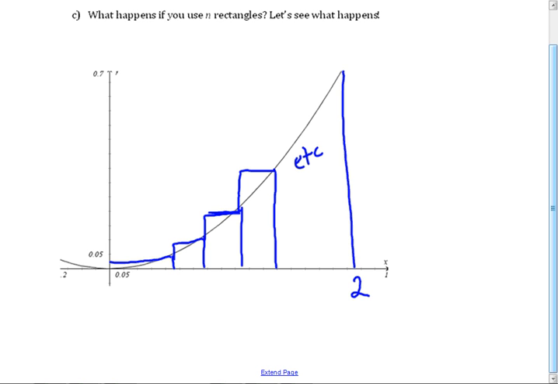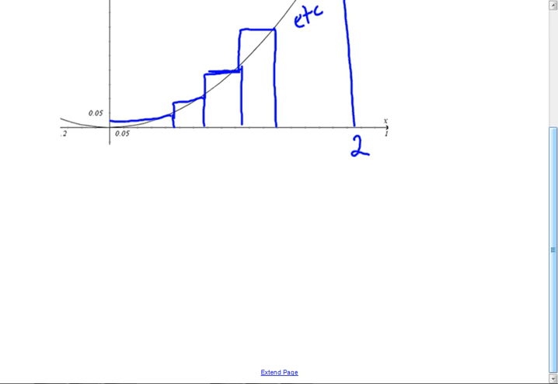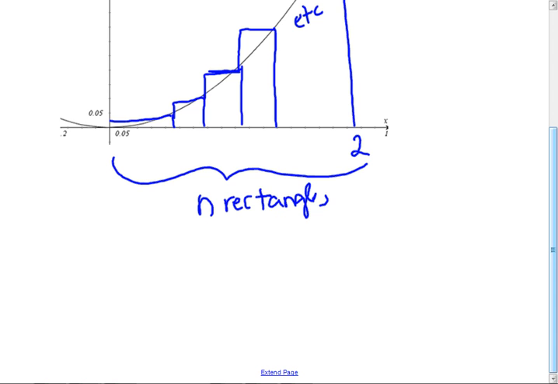So how big is that base? I'm going to divide this into n rectangles. We'll just call it delta x if you'd like, for now. So that's delta x. And then I'm going to name my x-coordinates, because you know what? I don't know where they are.